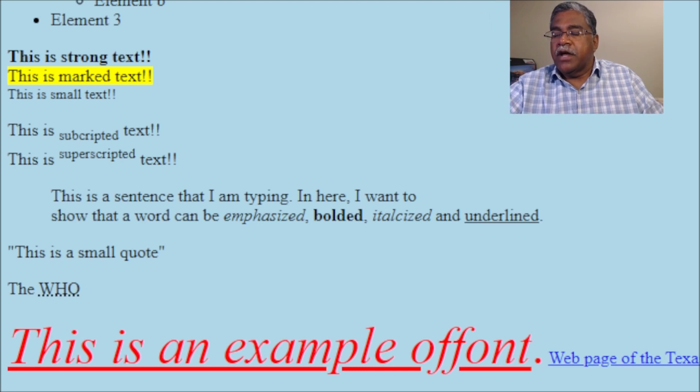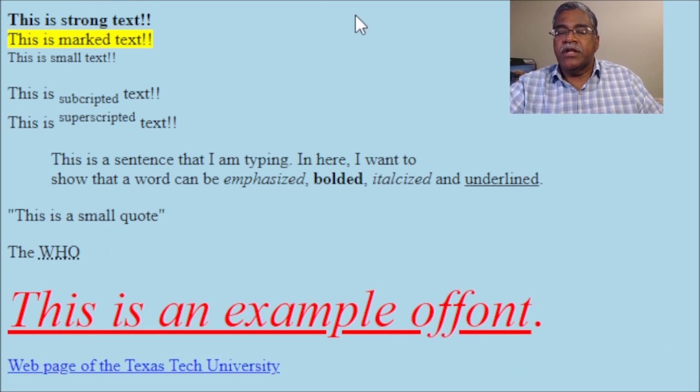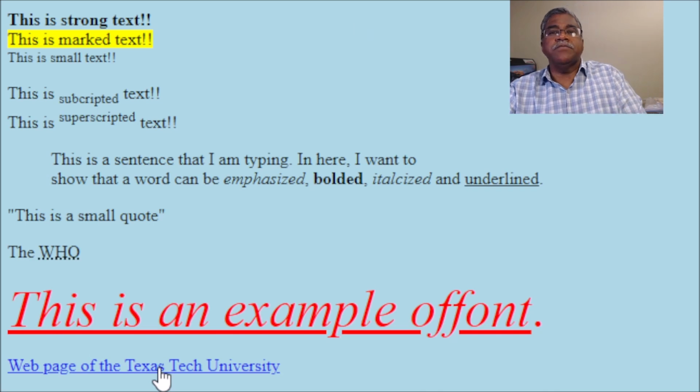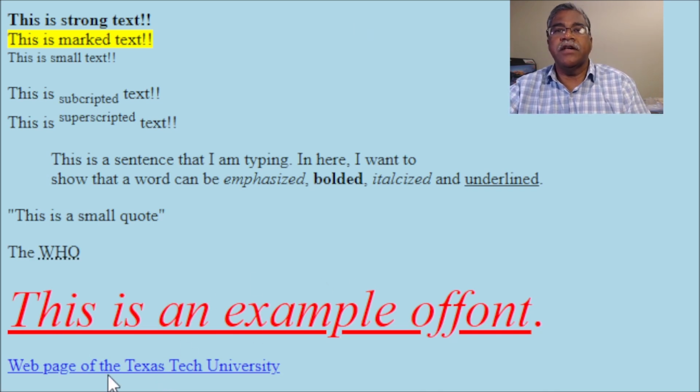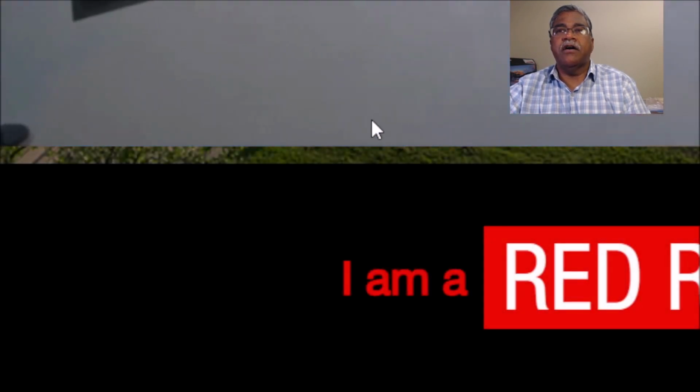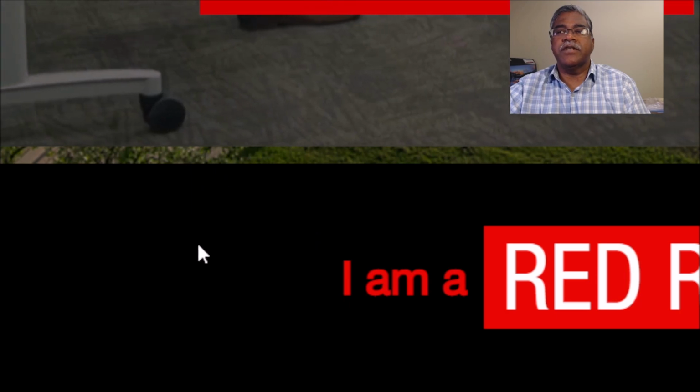Now, what happened here is I forgot to put the paragraph. So now it's gone to the next one. And notice something, it automatically created a link. So if I click on this link, it went to the TTU website.